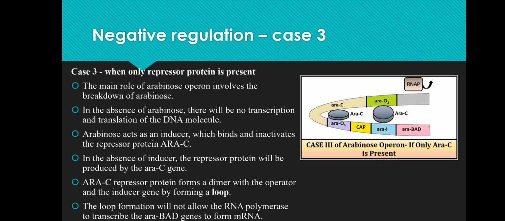In the presence of inducer, it binds and inactivates the repressor protein. But in the absence of inducer, the repressor protein will be produced by the RAC gene. This RAC repressor protein forms a dimer which forms a loop-like structure, and this loop formation will not allow RNA polymerase to transcribe the RBAD genes to form mRNA.